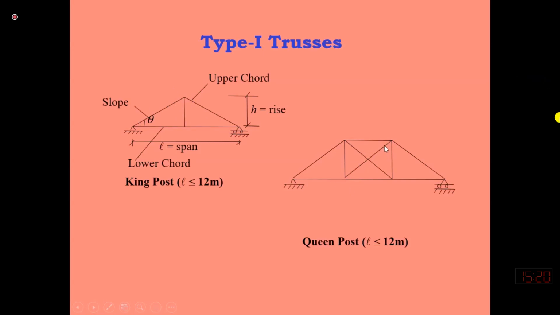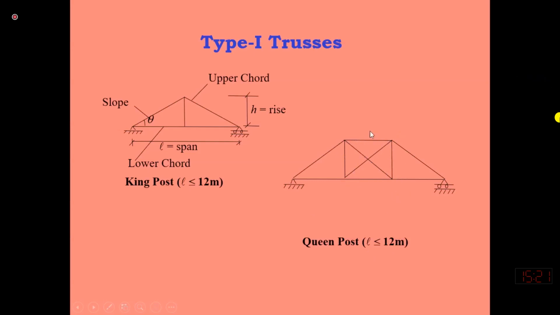So this is the top chord. This is a flat top chord and this is the bottom chord. This is a king post truss and this is a queen post truss, which is used if the length is less than 12 meters. If the length is more than 12 meters, we use an interior segment, maybe a rectangular shape but in a triangular pattern.